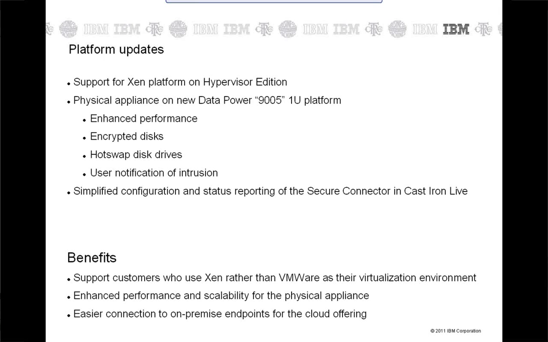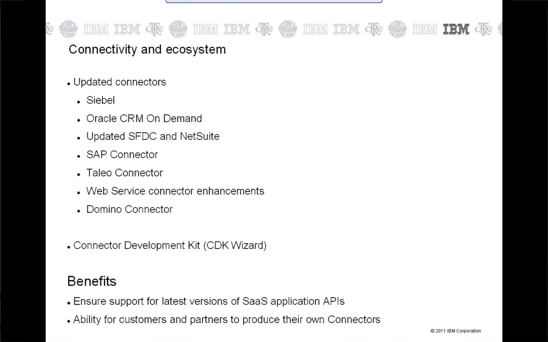Another thing is the physical appliance, which we have upgraded to the latest version, the DataPower 9005 1-unit platform. It provides enhanced performance, encrypted disk, hot swap disk drives, and user notification of intrusion, those kinds of support. So the hardware is also upgraded to the latest for better performance.